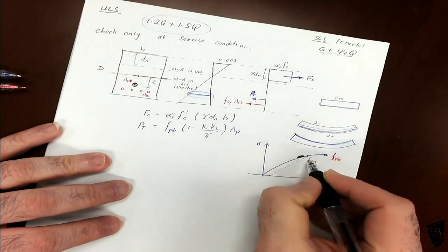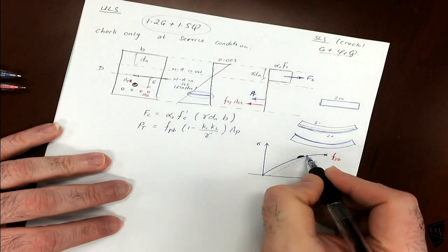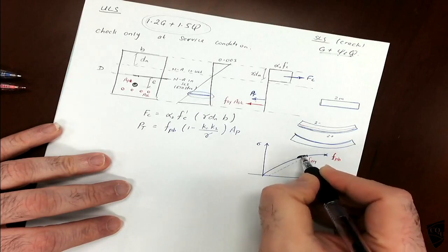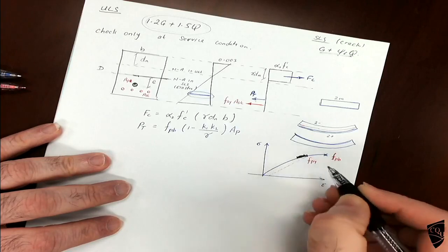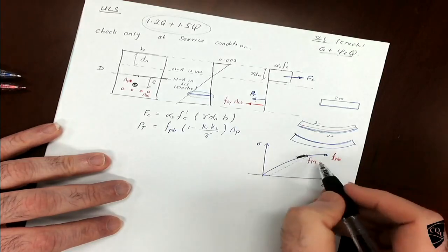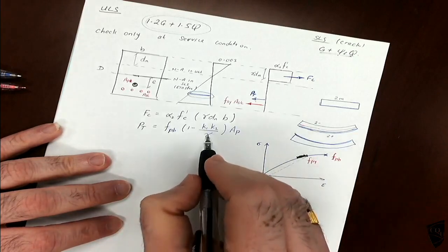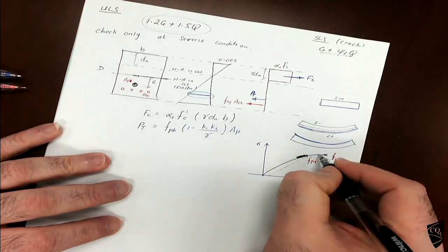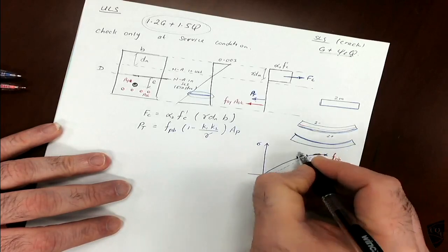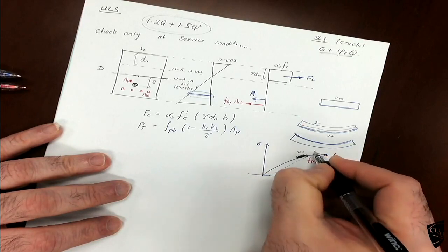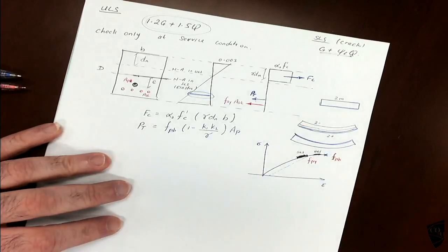But at ultimate, normally it will be somewhere here. This is the serviceability range, this is the ultimate range. Clear?